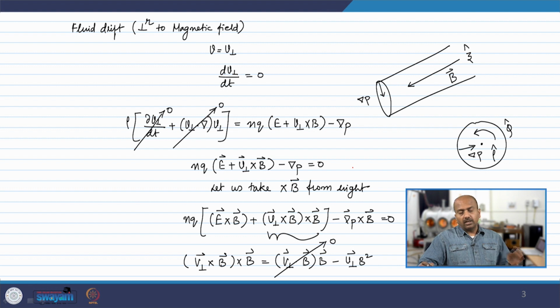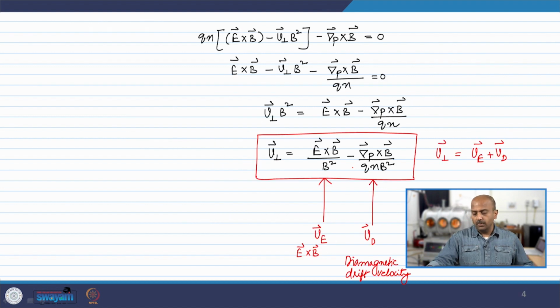The variable n appears only when you take the fluid equation for n number of particles. So, the message is this: the diamagnetic drift velocity tells you what additional drift the plasma will experience when you have a pressure gradient inside it, right.